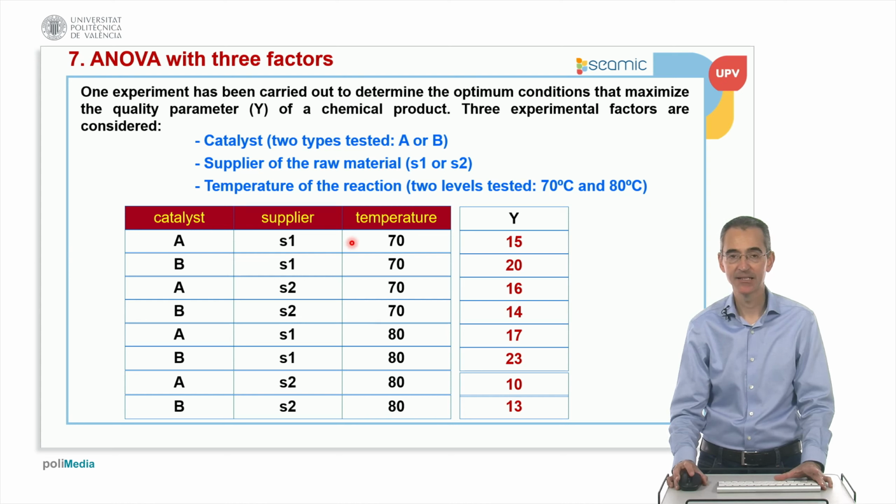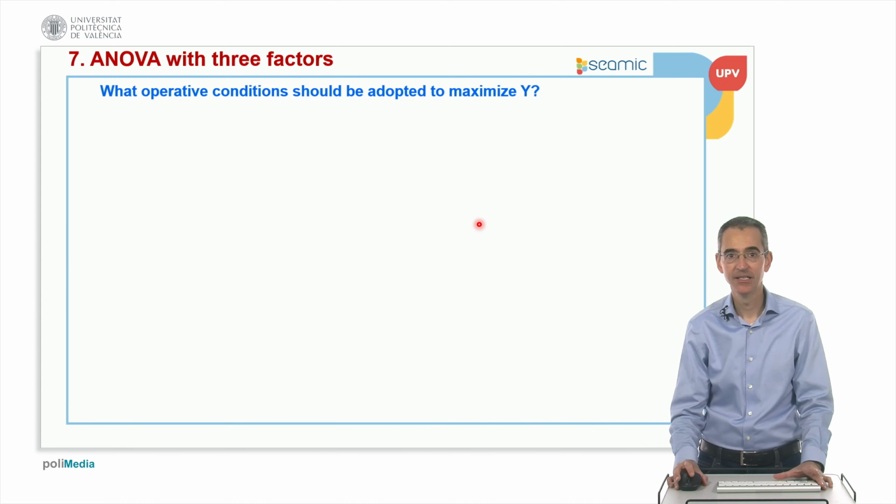This is the 8 experimental trials in this complete design. Okay, so imagine that we run every one of these trials, and imagine that this is the response that we get experimentally. So the target is to analyze this with ANOVA, and let's see what happens.